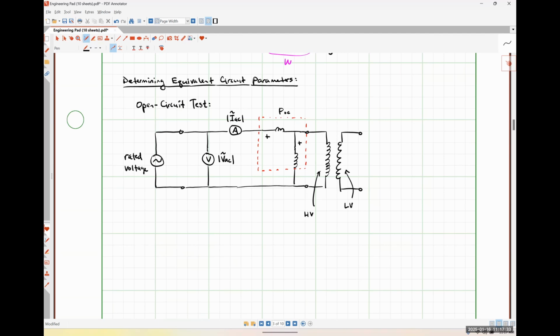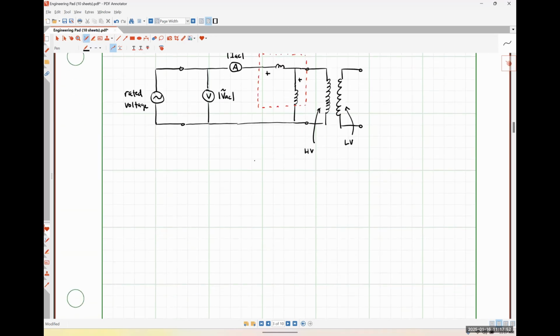So now let's talk a little bit about why this works, okay? And what parameters we're going to be able to get from this. I'm going to do that by drawing my cantilever equivalent circuit with everything referred over to the high voltage side, okay?